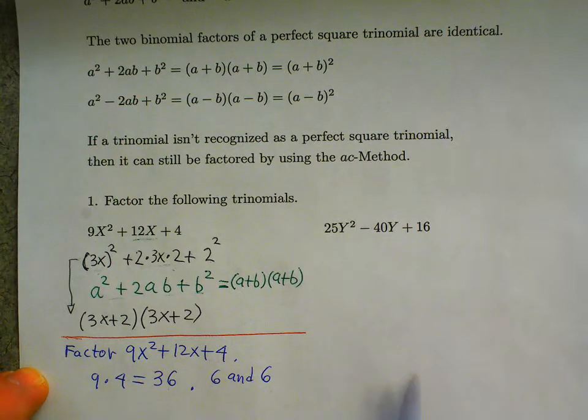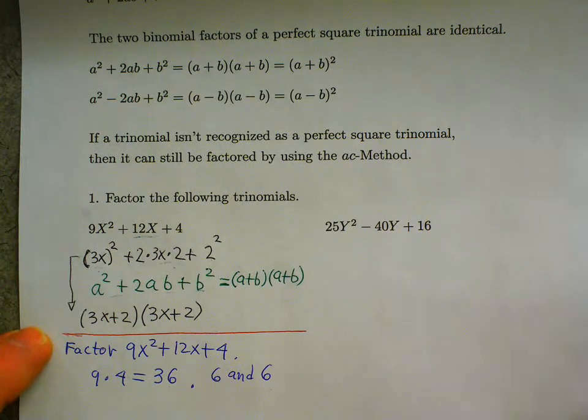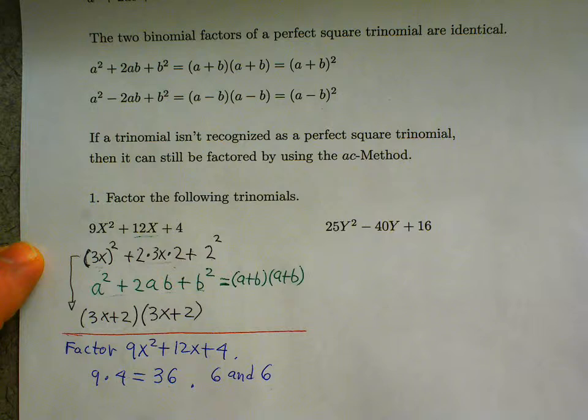Another observation that is worth remembering, just one of those small details that will be helpful. Whenever you use the AC method to factor a perfect square trinomial, the two integers that you are looking for will always be the same. That's what we have here, 6 and 6.